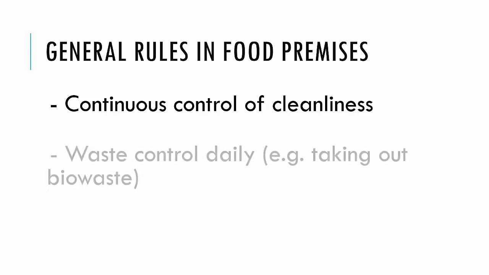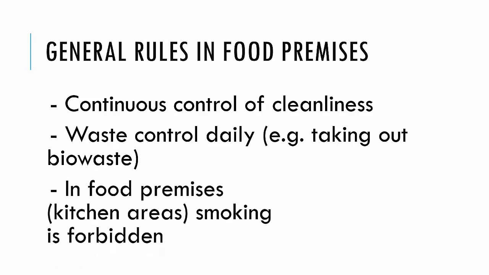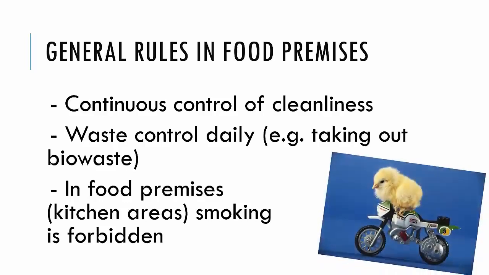This means, for example, that waste control is daily. Bio-waste must be taken out every day. Also, in food premises, for example, in the kitchen areas, all smoking and eating is also forbidden. As a general rule, also animals are not allowed in the food premise areas.